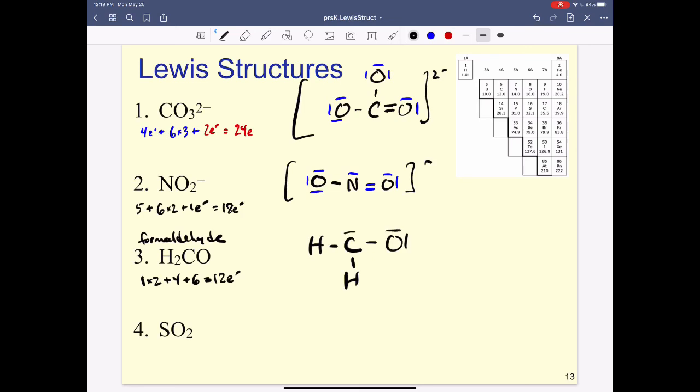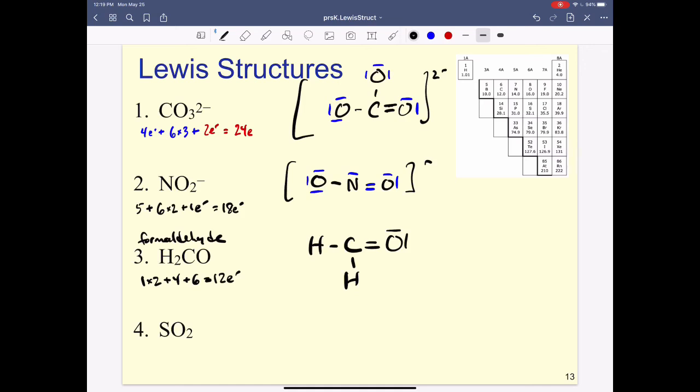You can see that this oxygen on the end, or perhaps you did give that oxygen on the end all of the pairs, and then you can see that the carbon in the middle does not have an octet. That of course again means that we need a double bond, so I'll erase one of those pairs and we'll put a double bond in between.